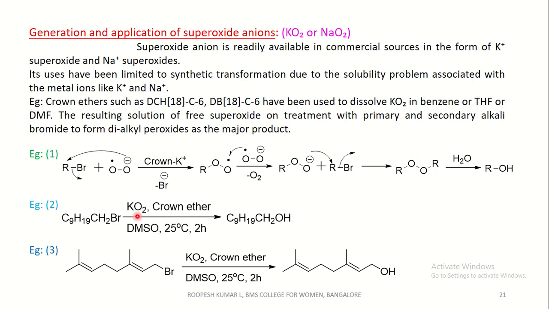That is, this superoxide in crown ether forms free superoxide, and this reacts with this 1-bromodecane to form the corresponding 1-decanol. And coming to the third one, which is similar to the second one, this reacts with potassium superoxide in crown ether in DMSO at room temperature for 2 hours to get the corresponding alcohol.